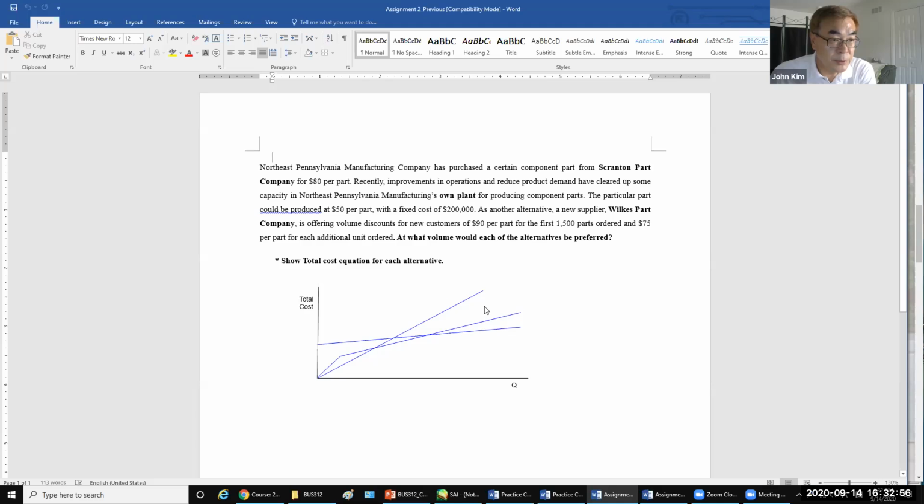There are 3 options, as you can see. I gave you a graph before, so set up the total cost equation.